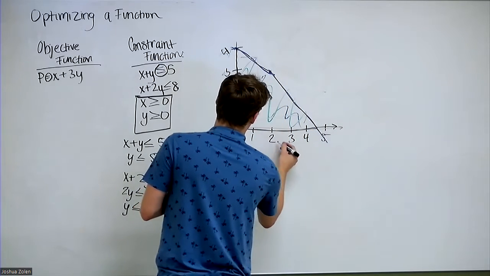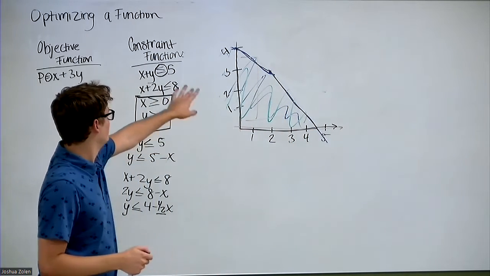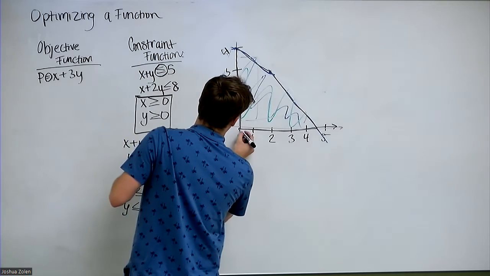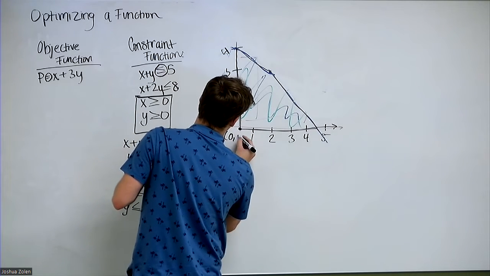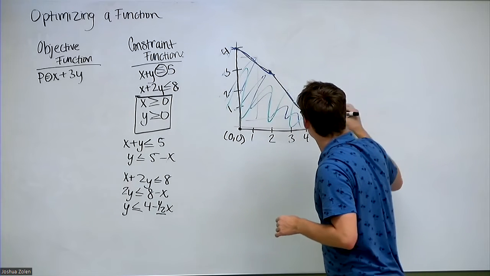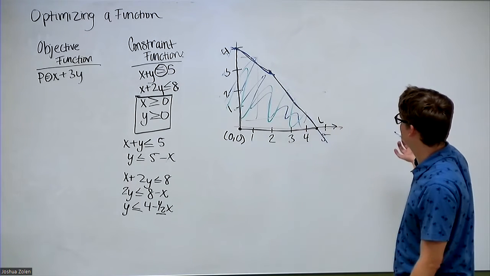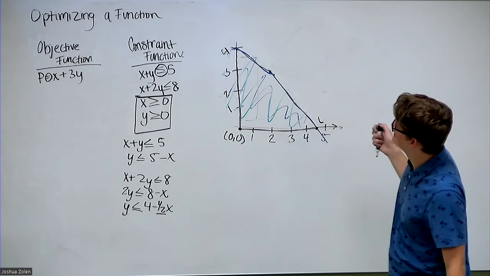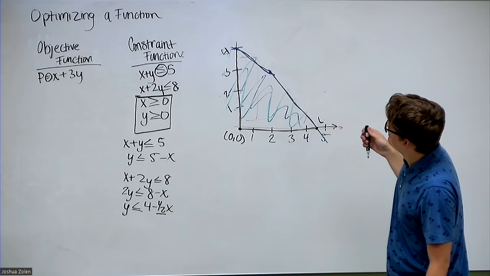Okay. Now we have 4 different points on this shape. Let's figure out what the vertices are for all of them. So this one, this is the origin, so we're going to have 0, 0. This one, we're just going to guess our x is, if I would have drawn this better, it probably would have lined up perfectly, but that's fine.